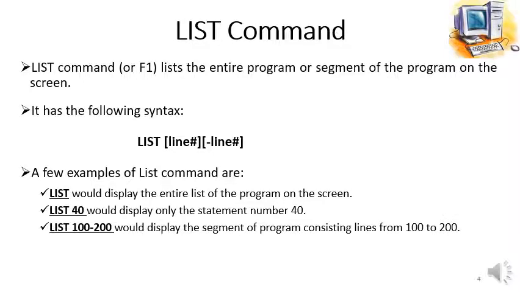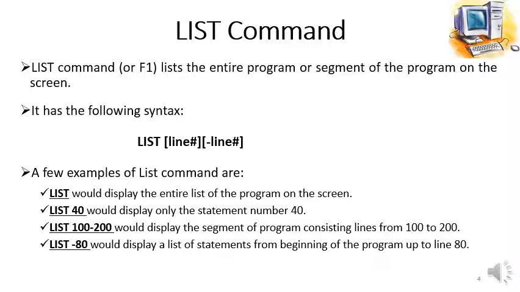And if we write list 100 to 200, it means we are giving a range, so it would display the segment of the program consisting of lines from 100 to 200. So the statements written from line number 100 to line number 200 would be displayed.